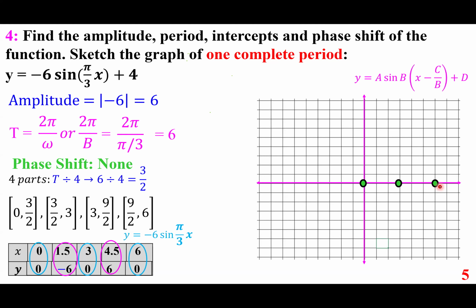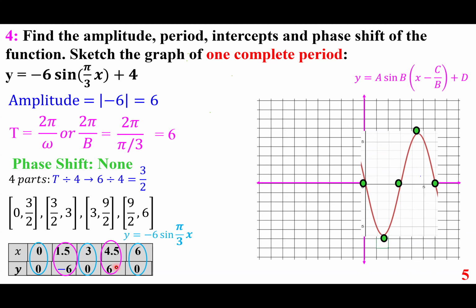Now the other two: 1.5, this is 1, this is 2, 1.5 is here, and go down by 6. And then 4.5, so this is 3, this is 6, in between, and go up, okay, by 6. And that's a complete cycle.